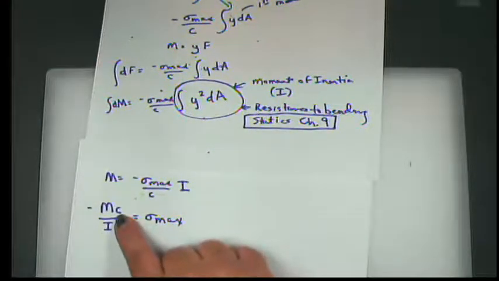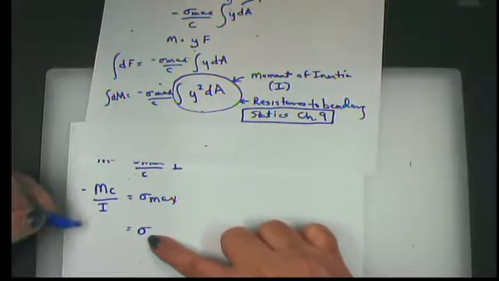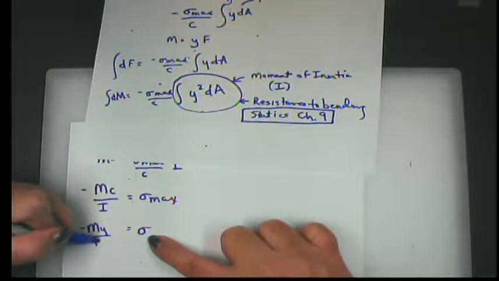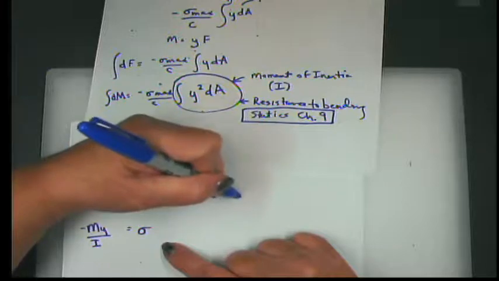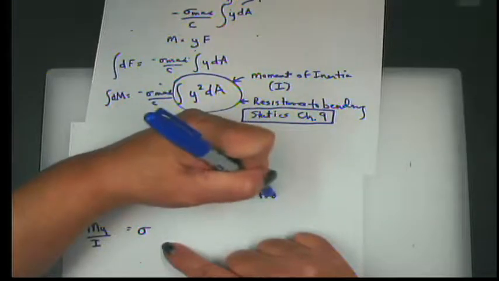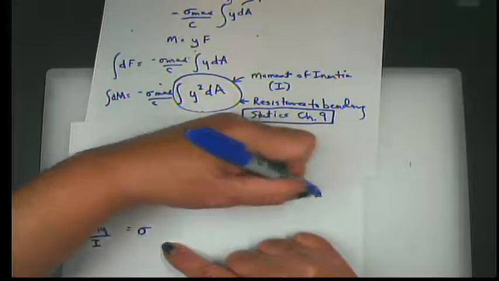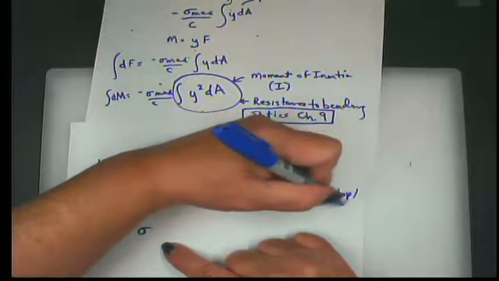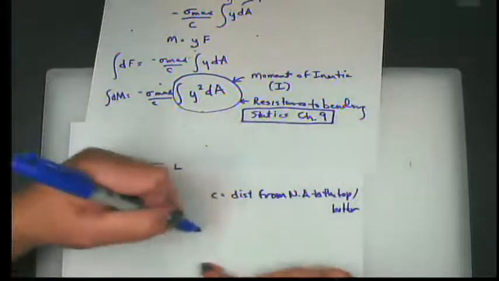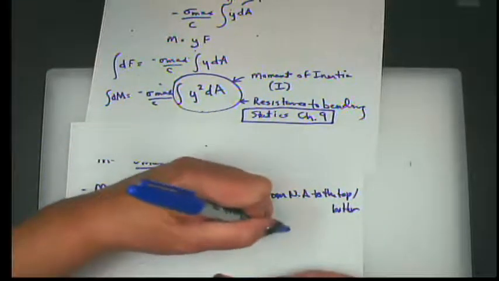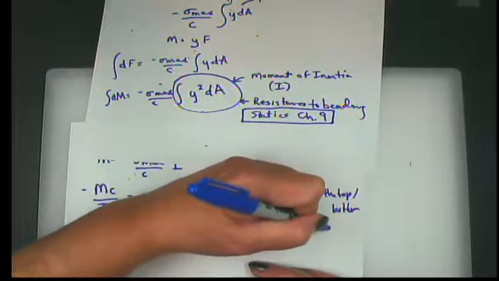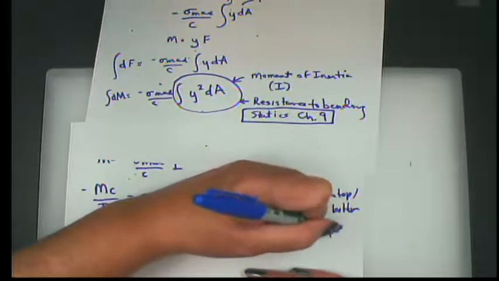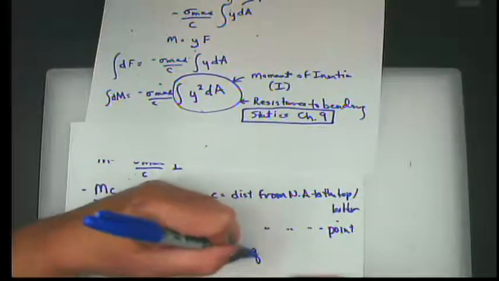And since we also know that sigma max and the distance from the neutral axis are proportional to each other, it also follows that sigma at any point is going to equal negative My over I, where c is the distance from the neutral axis to the top or bottom, and y is the distance from the neutral axis to the point in question. So in other words, y can be anywhere.